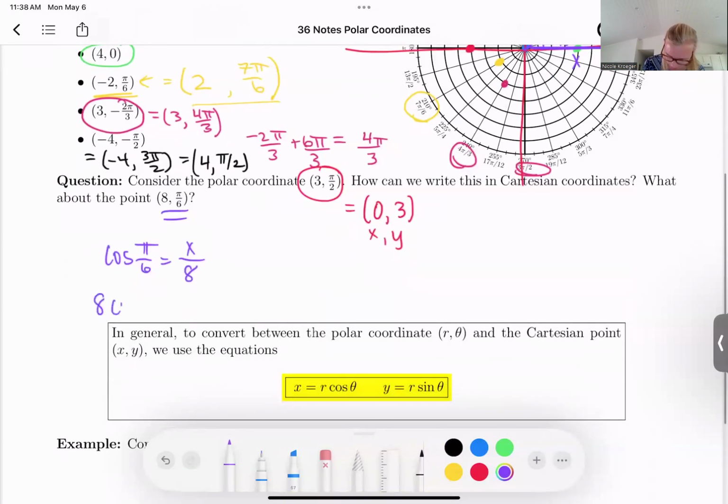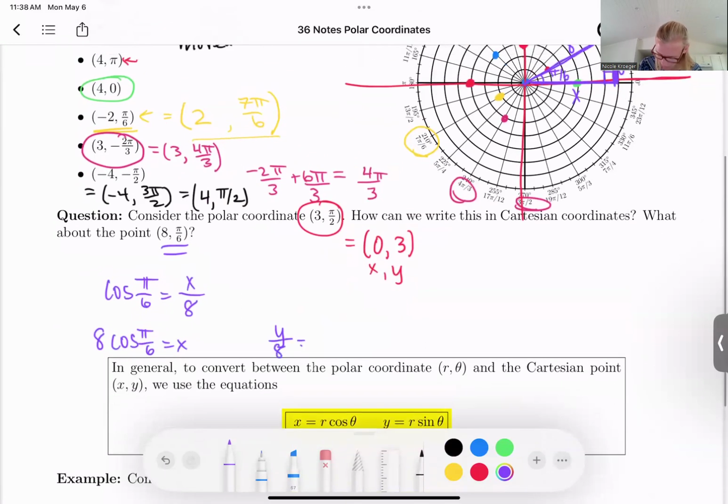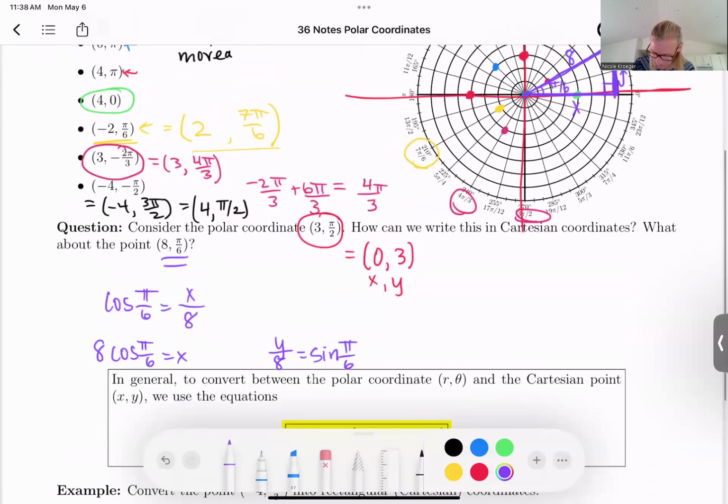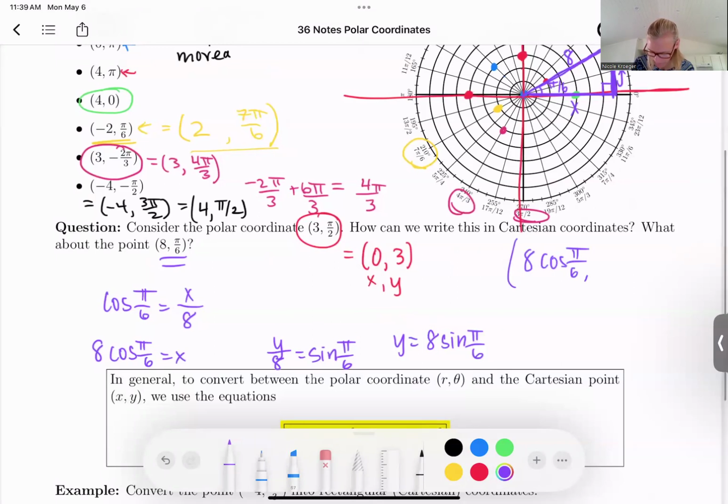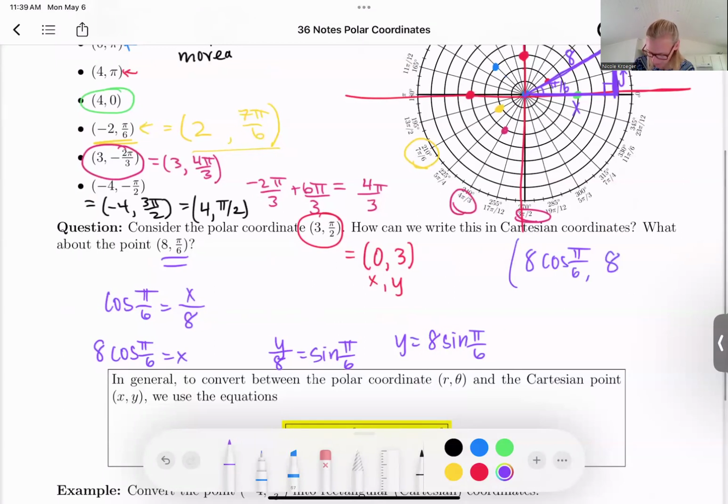So x will just be 8 cosine pi over 6. And y over 8 will be sine of pi over 6, because that's opposite over hypotenuse. So y will be 8 sine of pi over 6. My coordinate here will be 8 cosine pi over 6, which you can get a value for, and my y coordinate will be 8 sine of pi over 6.